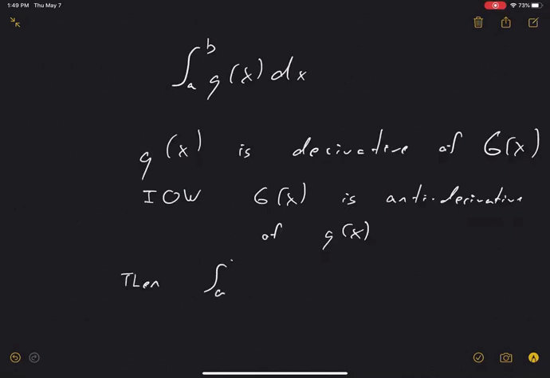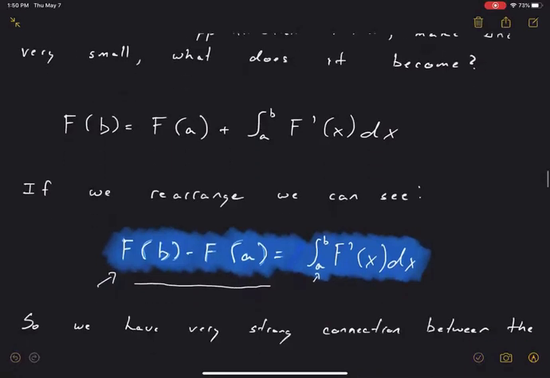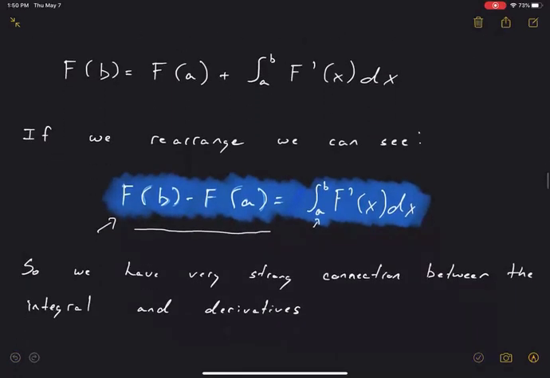Then the integral from a to b of g of x dx is going to be this antiderivative at b minus the antiderivative at a. So this is that strong connection between derivatives, antiderivatives, and integrals.